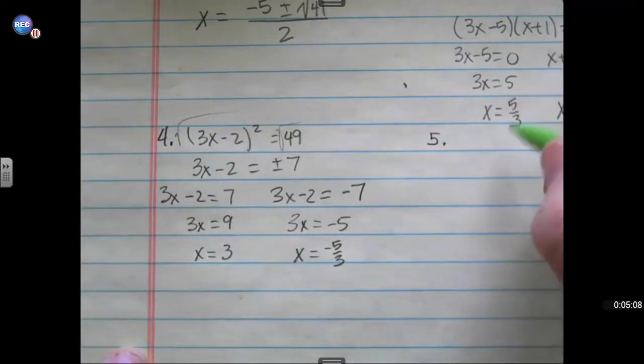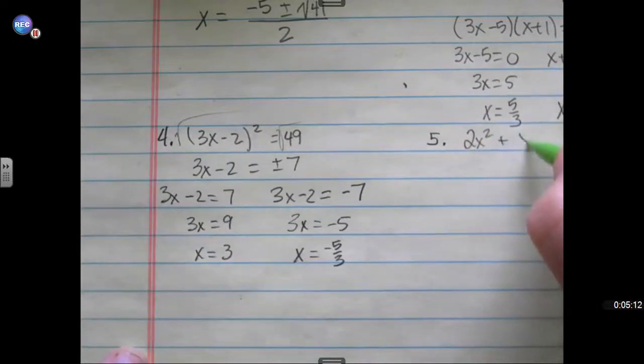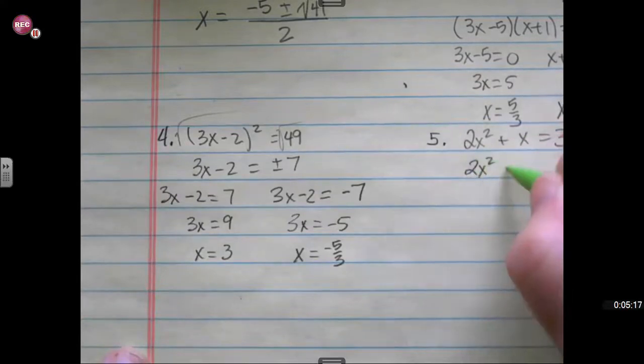And number 5, 2x squared plus x equals 3. We have to move the 3 over.